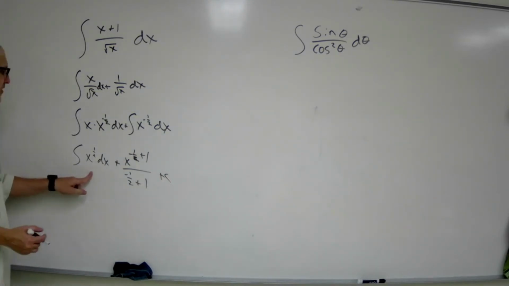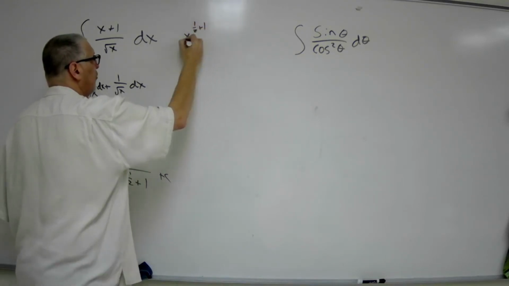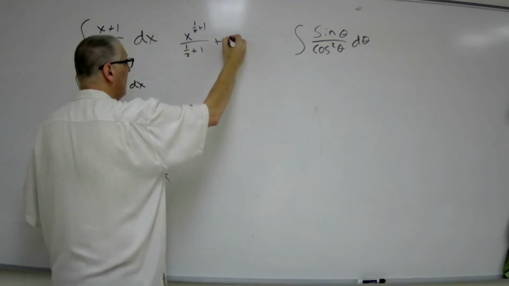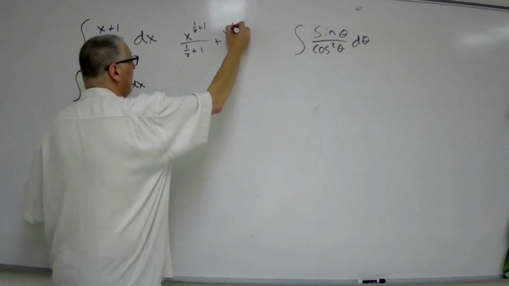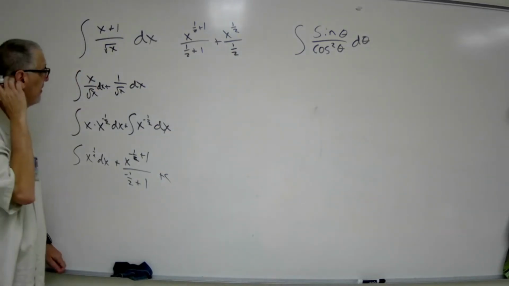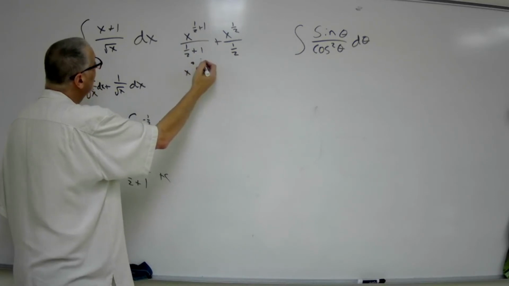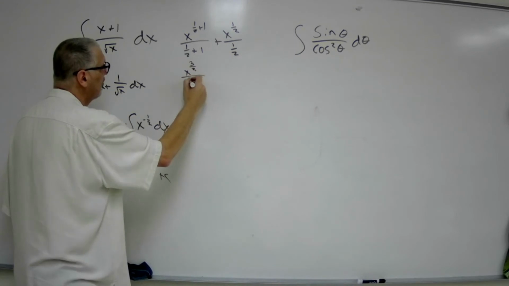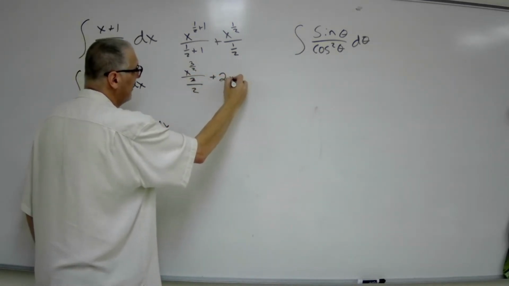The whole thing will end up being x to the 1/2 plus 1 over 1/2 plus 1, plus x to the negative 1/2 plus 1, which is 1/2, over 1/2. So this is x to the 3/2 over 3/2 plus 2 x to the 1/2.